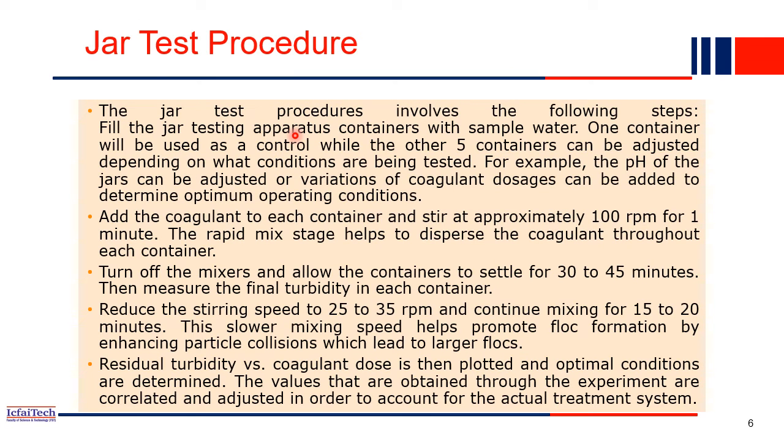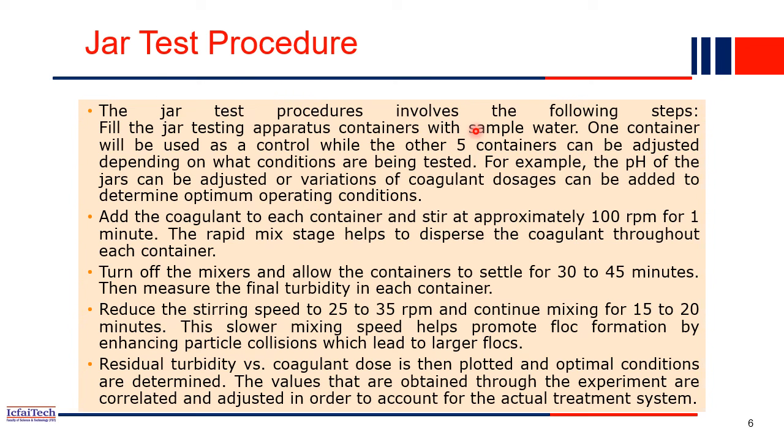So what is the procedure for jar testing? The jar testing procedure involves the following steps. First is to fill the jar testing apparatus containers with the sample water. Sample water means like Ganga water or Godavari water, from where you are collecting the water. One container will be used as the control, while the other 5 containers can be adjusted depending on the conditions being tested.